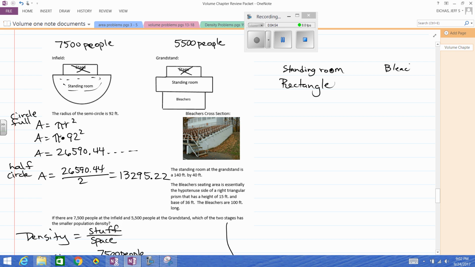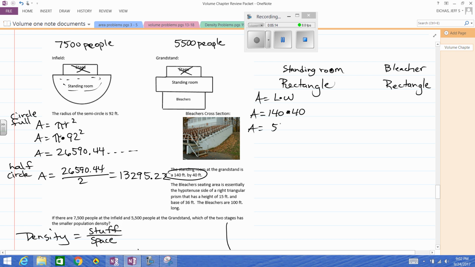The bleacher is going to take some Pythagorean theorem to get the length of it, but they're both rectangles, so the area is simply length times width. The standing room is 140 by 40, so 5,600 square feet.